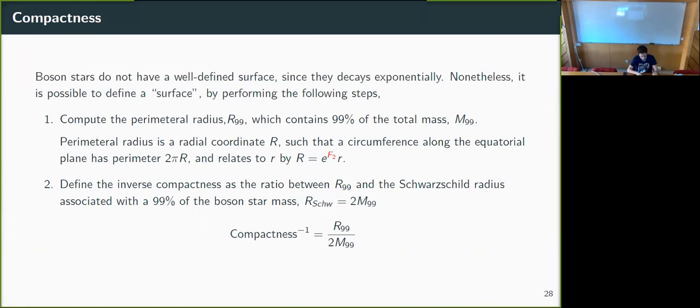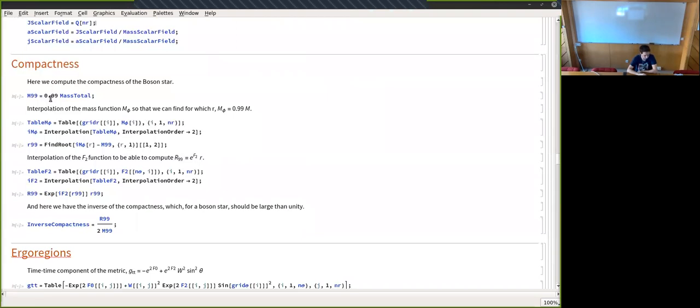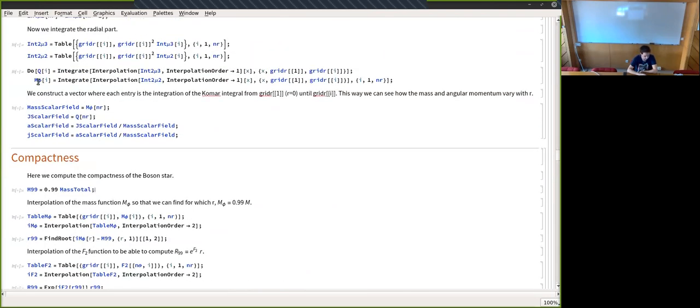So to do this in Mathematica, first we compute 90% of the total mass. Then we do interpolation of the mass function from before.